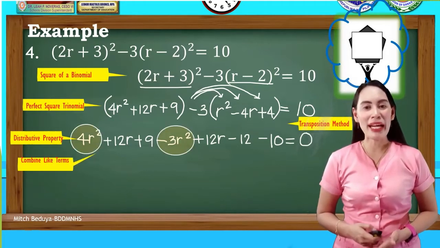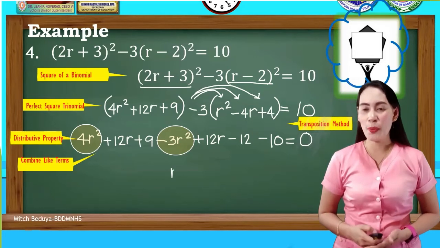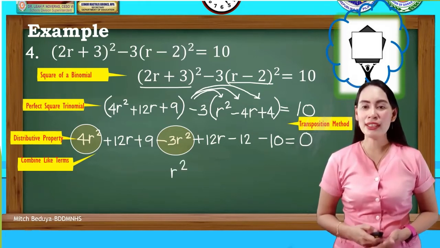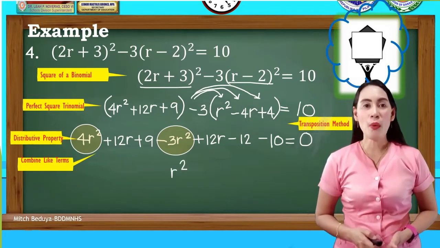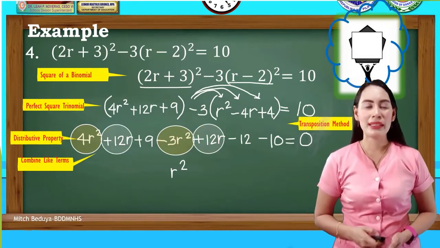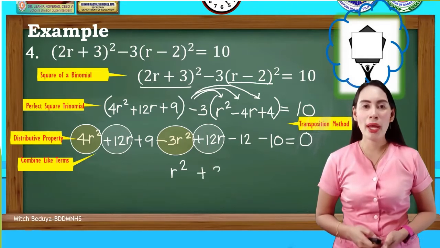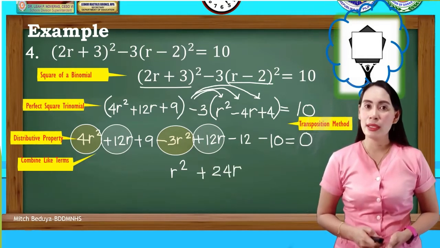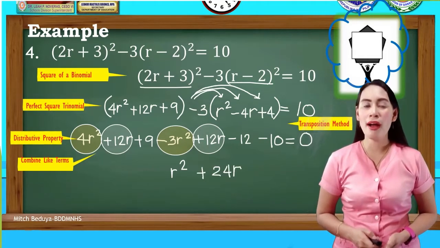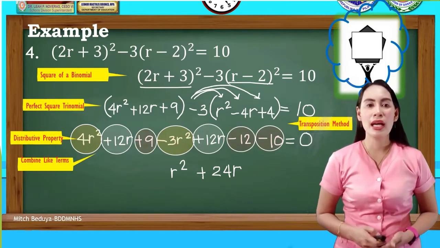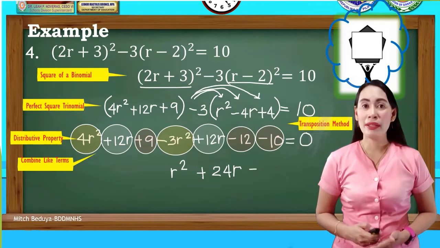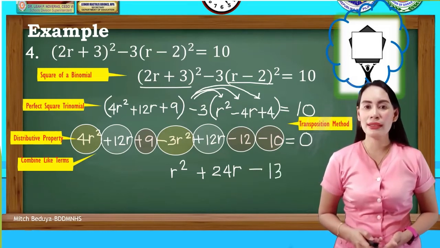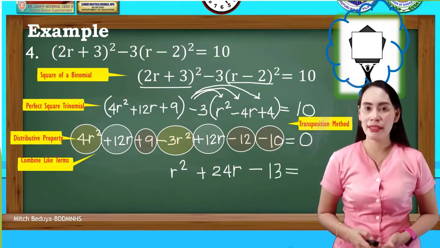Next, combine like terms. 4r squared minus 3r squared equals r squared. Next, positive 12r plus 12r equals positive 24r. Next, positive 9 minus 12 minus 10 equals negative 13.